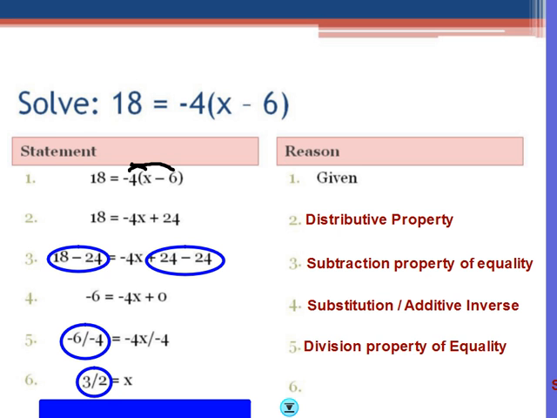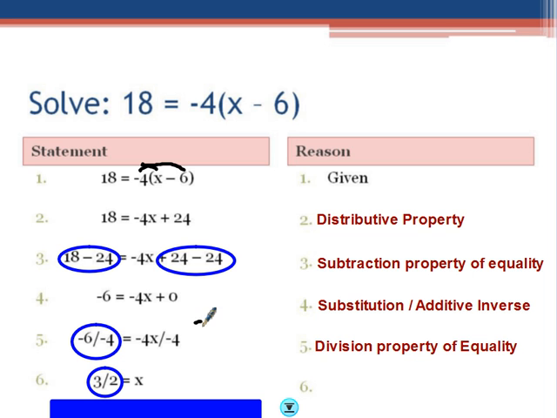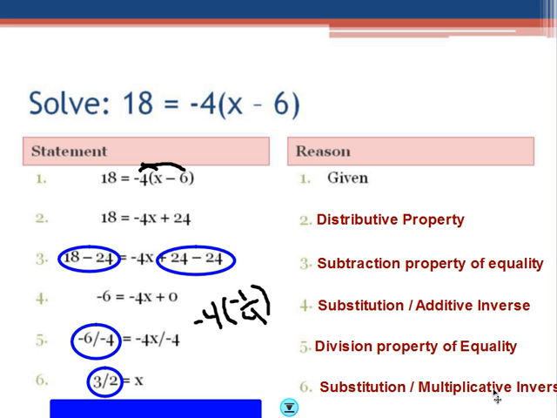Now over here we have -4, and we're multiplying it by -1/4. So we know when we multiply any number by its reciprocal, that's going to be our multiplicative inverse property. So to finish our equation, we have substitution and multiplicative inverse.